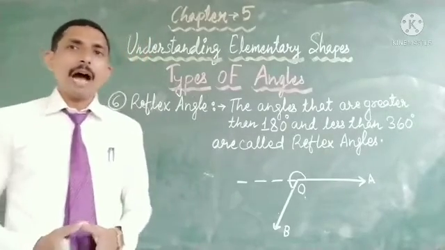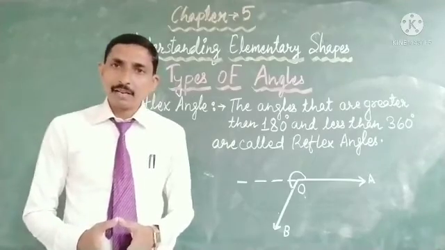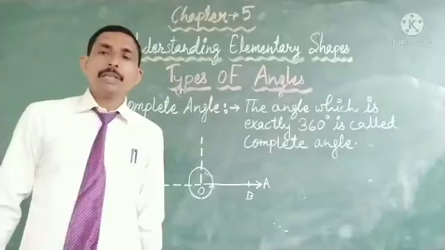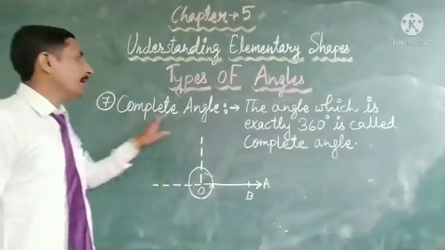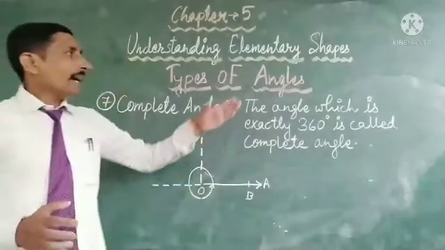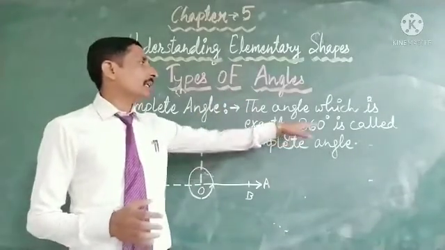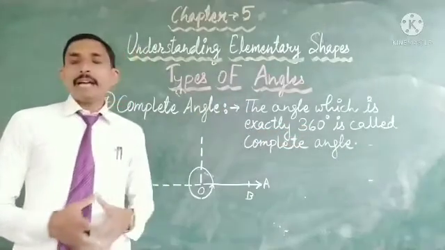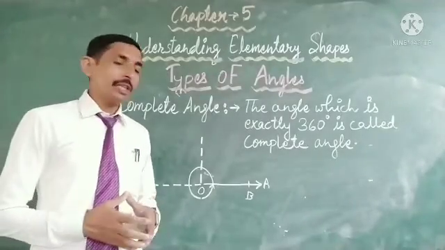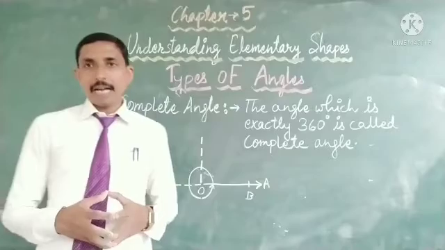The angles that lie between 180 degree to 360 degree are called reflex angles. Now our next type of angle is complete angle. So what do we mean by complete angle? The angle which is exactly 360 degree, or the angle whose measurement is exactly 360 degree, is called complete angle.